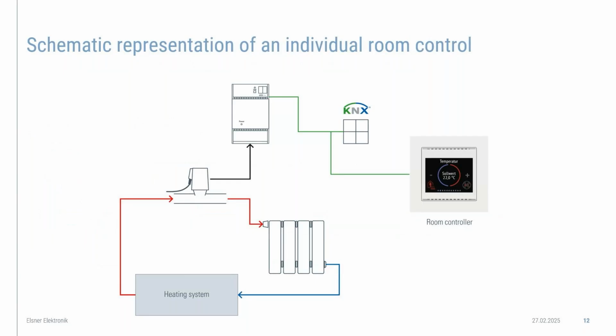This example shows another schematic representation of an individual room control system. This time we illustrated it with one of our room controllers, the Kala. So the Kala room controller compares the set point and the actual temperature and calculates the control value from this.